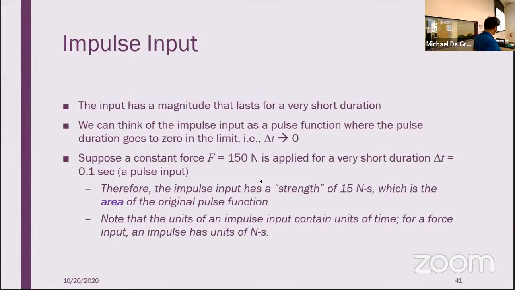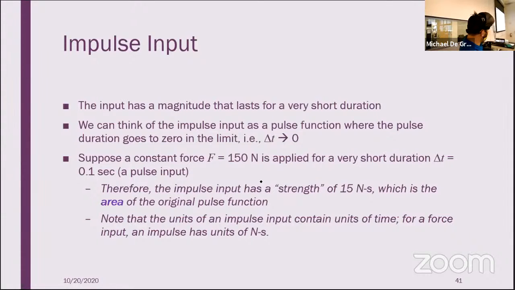This allows us to talk about an impulse. We can go from pulse to impulse. So what is an impulse? It's a very large force that lasts over a short duration. Think about when you hit a nail with a hammer. That is an impulse.